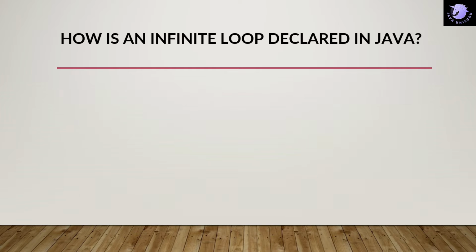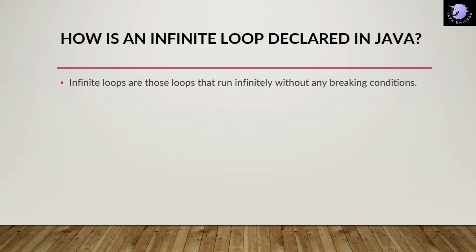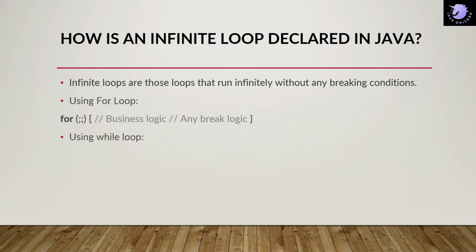Now moving to the next question. How is an infinite loop declared in Java? An infinite loop is something in which there is no condition, so it will run infinitely. For example, for a for loop we have the syntax for, and inside the parentheses we have semicolon semicolon. This will be treated as an infinite loop.